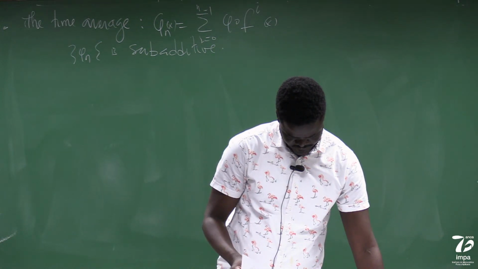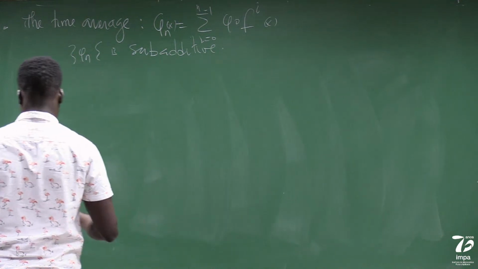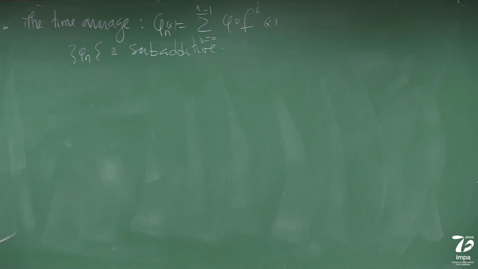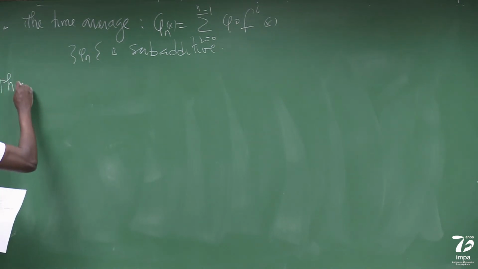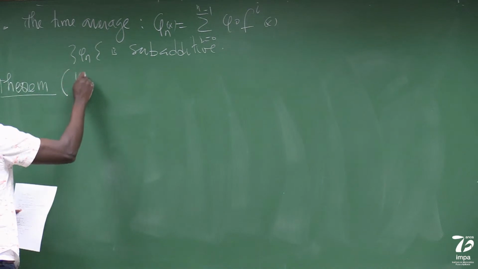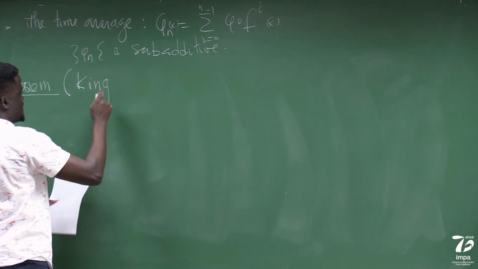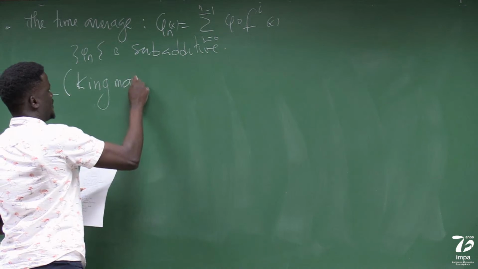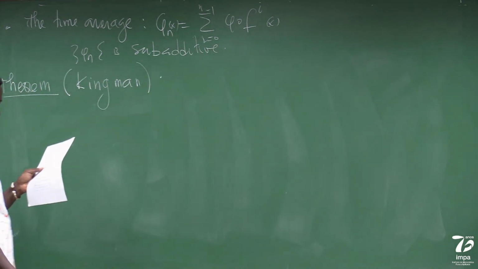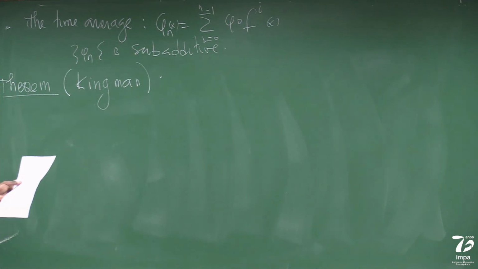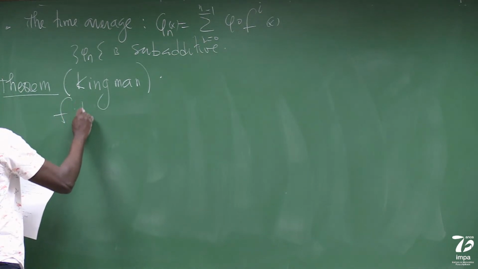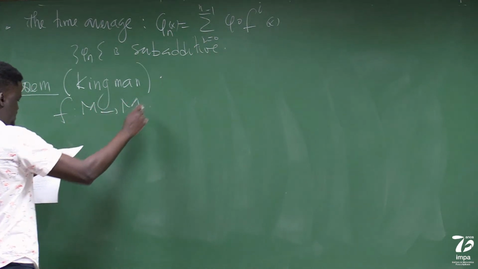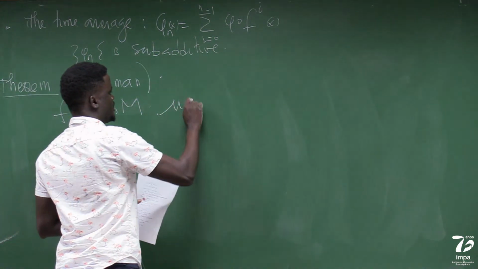Since I have defined subadditivity, it makes sense to state the Kingman theorem, which is the subadditive ergodic theorem. So what does it say? It says that f from M to M is measurable, and mu is f invariant.